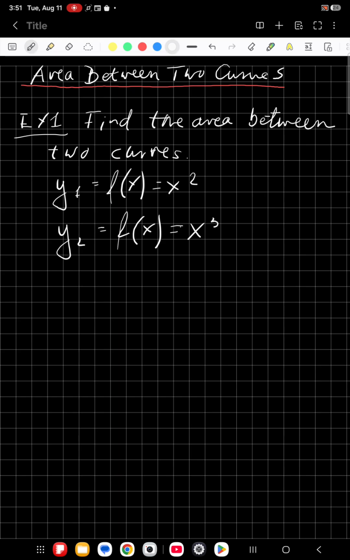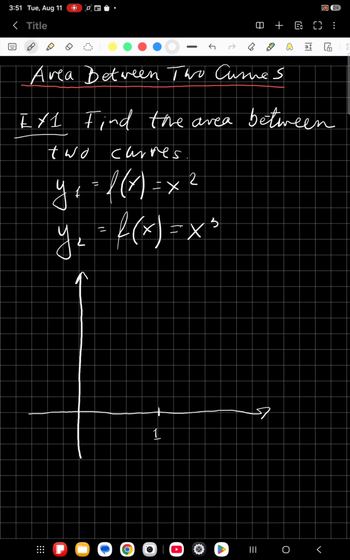And let's start with the graph. One of them is a parabola, and the other one is a cubic function. So this is my x-axis, and let's make that 1 here.